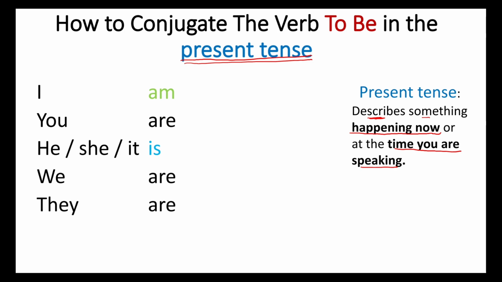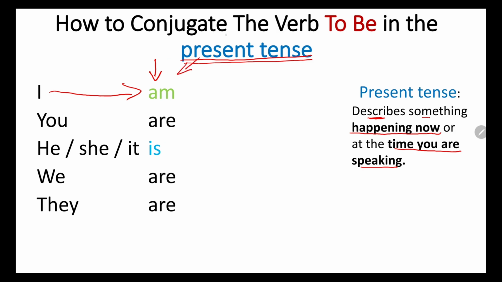If you say, for example, I am, is it happening now? Is it true now? Is it true that you are existing now? Yes? It is true, right? So, all of these here are conjugated in the present tense.